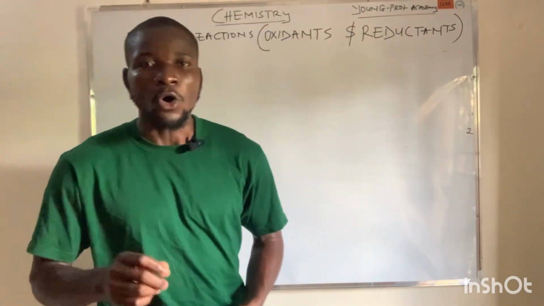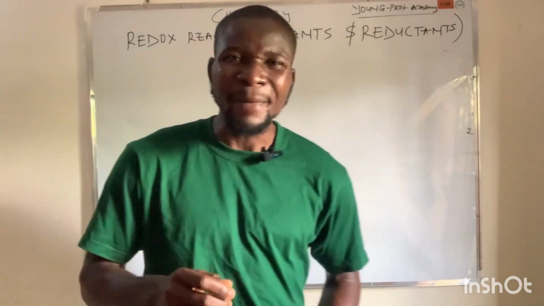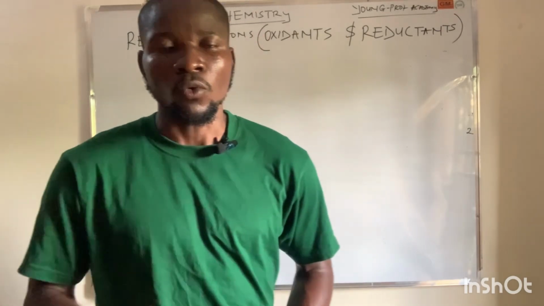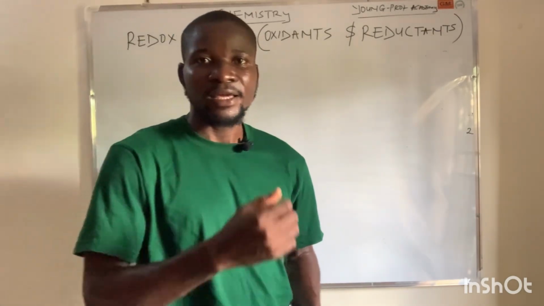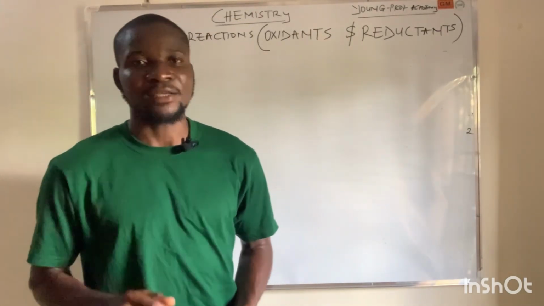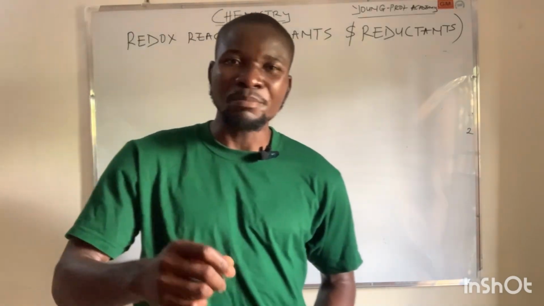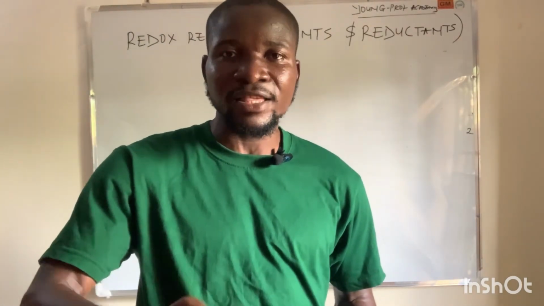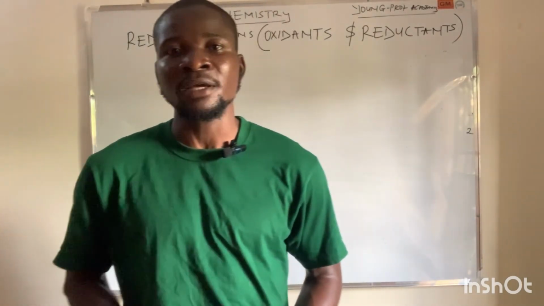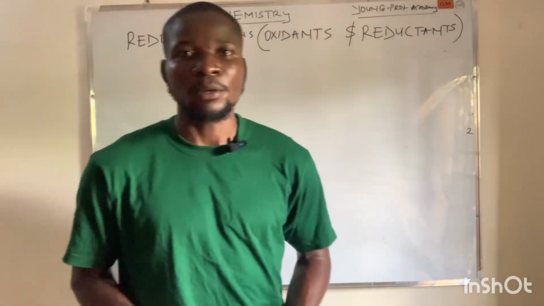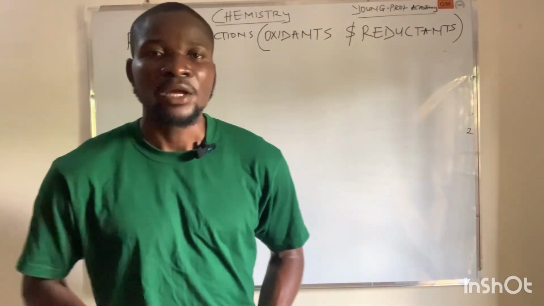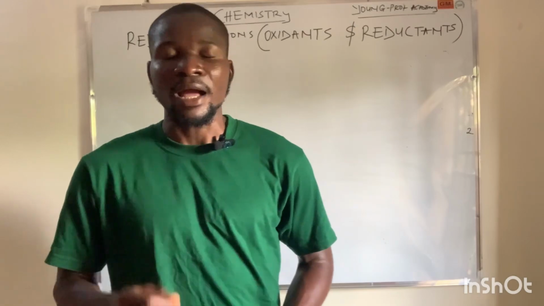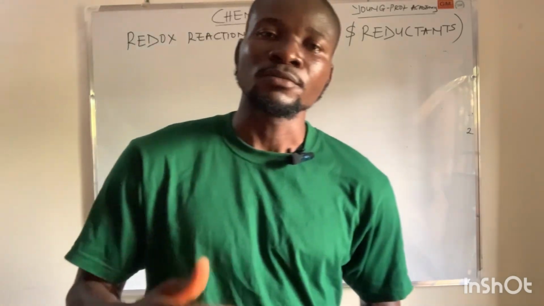Four, oxidation means loss of electrons, while reduction means gain of electrons. And lastly, number five, oxidation means increase in the electronegative element or compound surrounding an element, while reduction means decrease in electronegative element surrounding an element or compound.